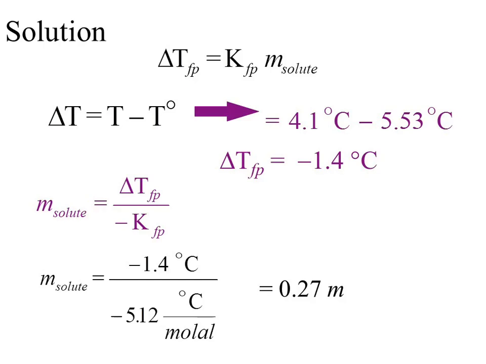So over here, I'm going to go ahead and put 0.27 moles of lauryl alcohol per 1 kilogram of benzene. That's actually on the next slide. I've unpacked what molal means.